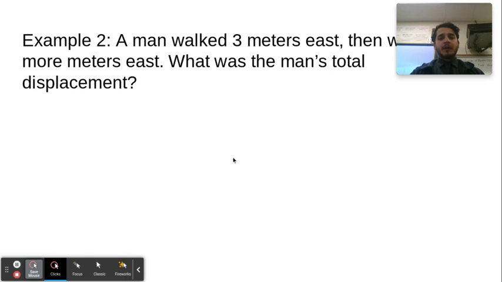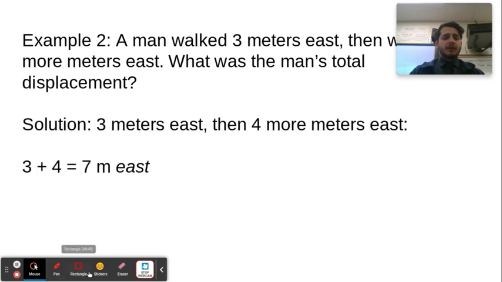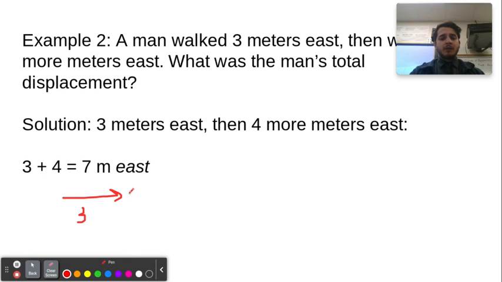Second example, he walked 3 meters east, then he walked 4 more meters east. What is the total displacement? Again, you could think of that as combining two vectors. He went 3 meters east, then he went 4 more meters east.